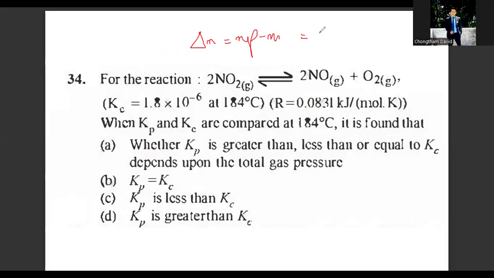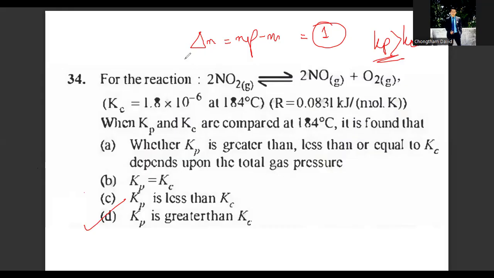Here we have the value of delta n as 1. So whenever it is greater than 0, always remember Kp is greater than Kc. So 34 would be D. Okay, D is the answer.